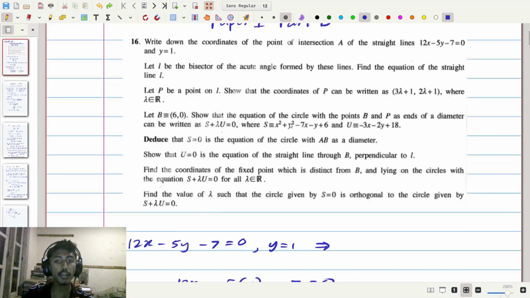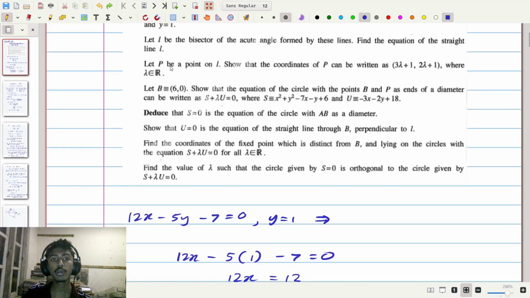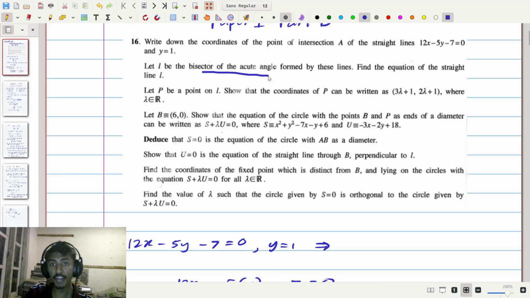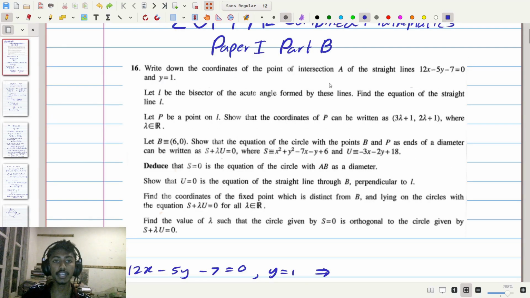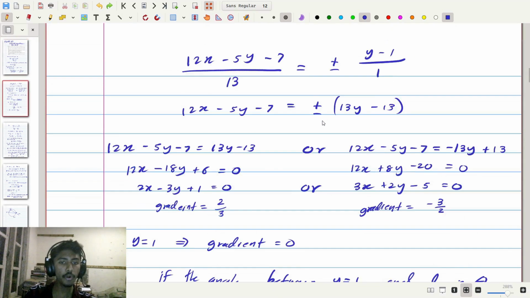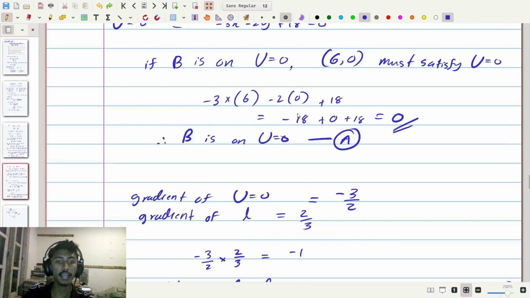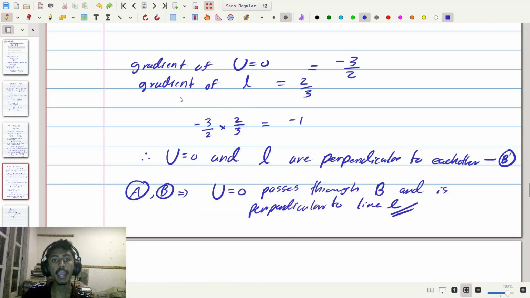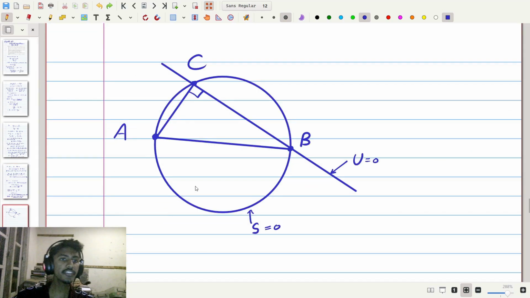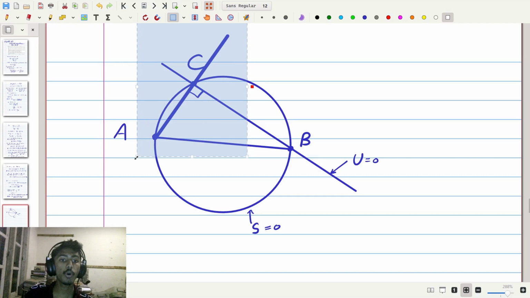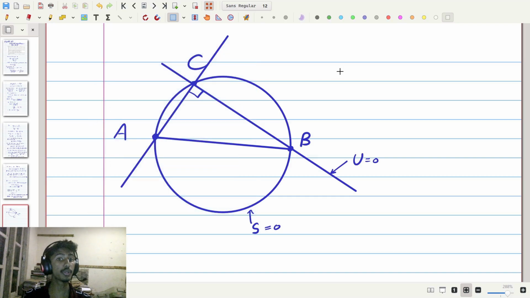You see, the first part of the question had a line called L. Now L was the angle bisector of the two lines that intersected at the point A. Due to this, L passed through A. We also know down here that the line u equals 0 was perpendicular to the line L. Combining these two, the second line passes through the point A and is also perpendicular to the line u equals 0.